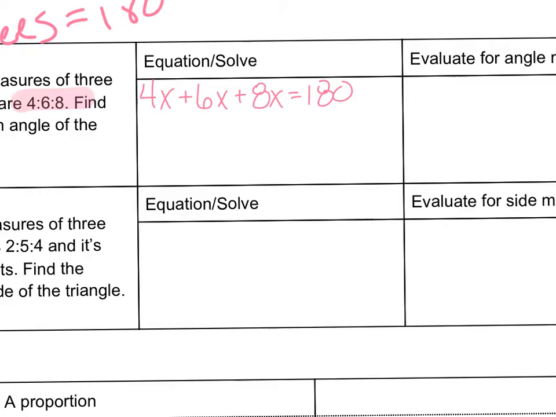So we solve by adding up our terms here. 4x plus 6x is 10x, plus another 8x gives us 18x, and that's still equal to 180. We divide both sides by 18, and that leaves us with x having a value of 10.